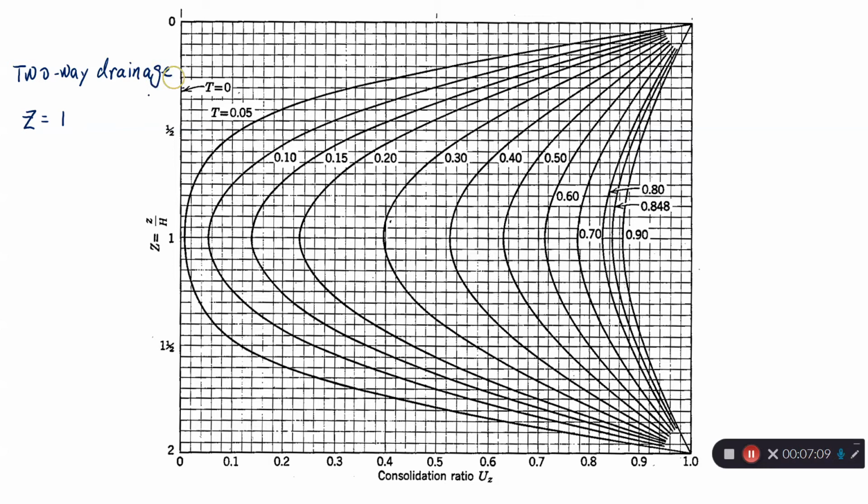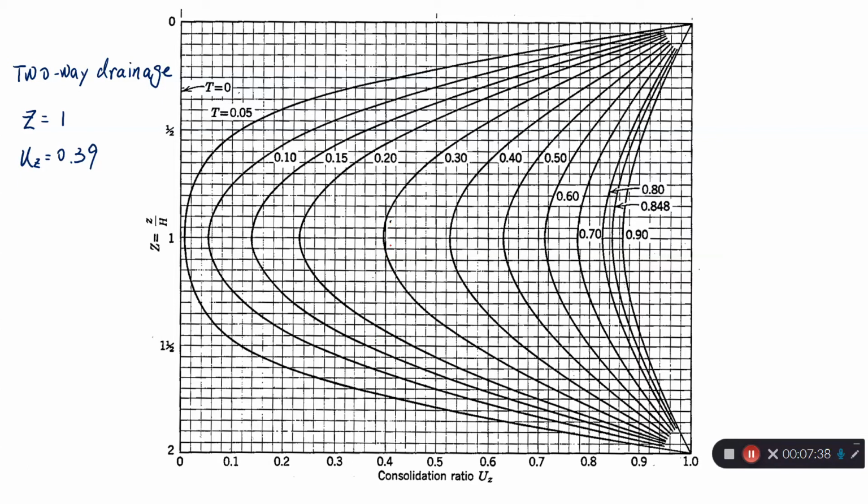So at the mid depth, Z is equal to 1. And we just figured out U_z, which is 0.39. So if we enter Z, right in the middle, and then enter U_z 0.39, close to 0.4, it's right here.